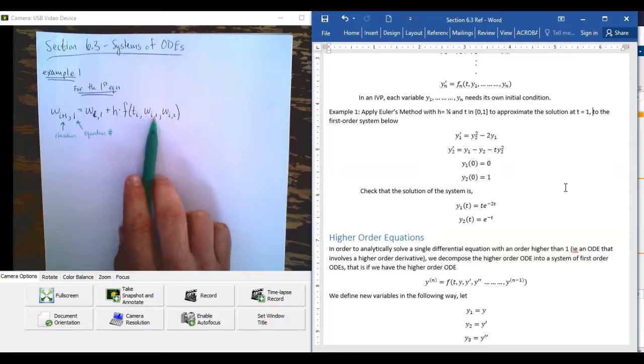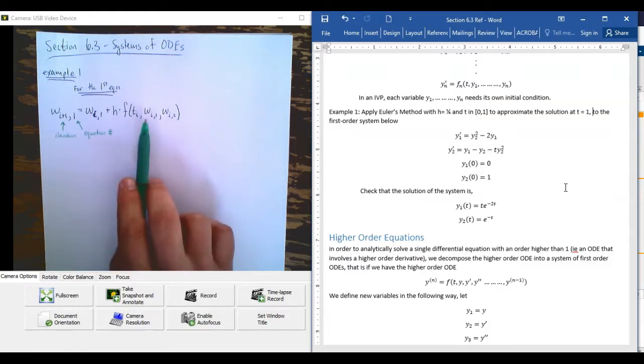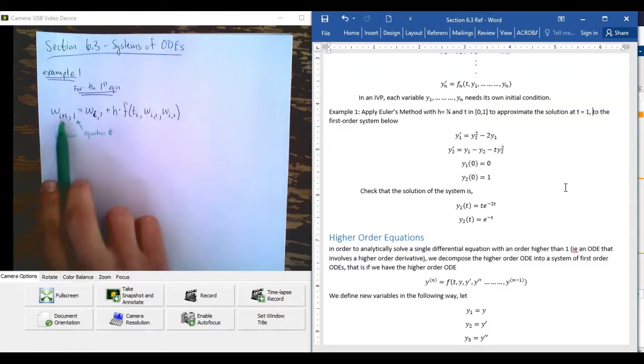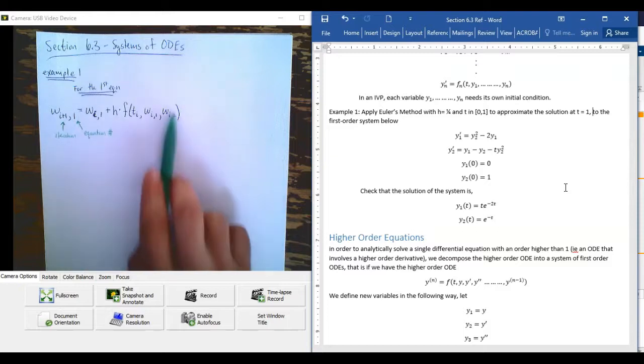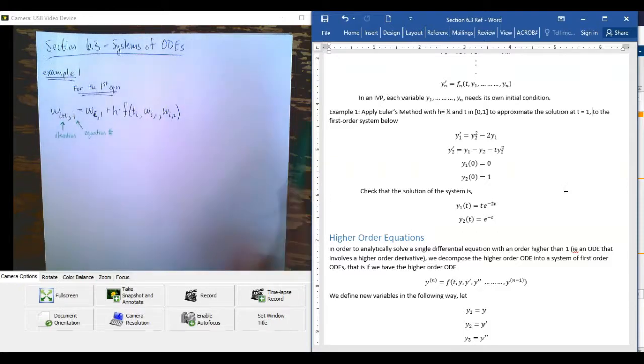It's dependent upon the previous approximation from the first equation and the previous approximation from the second equation. So that's why we have to solve the approximation simultaneously, because the first one's dependent upon the second one, and the second one's dependent upon the first one.